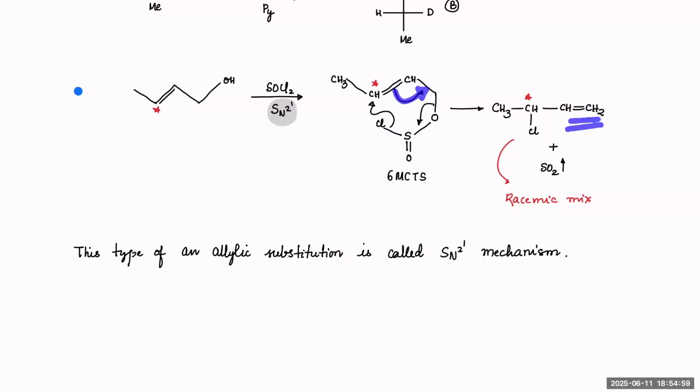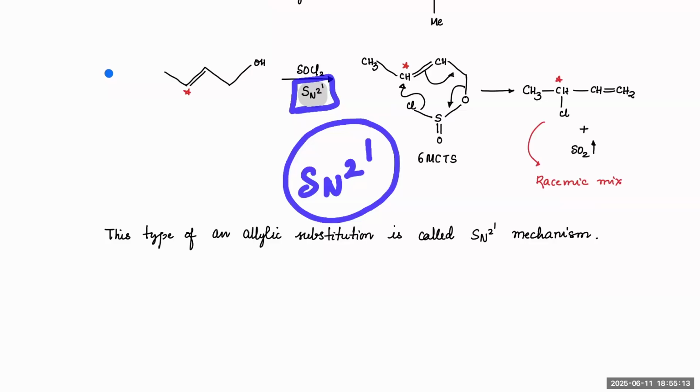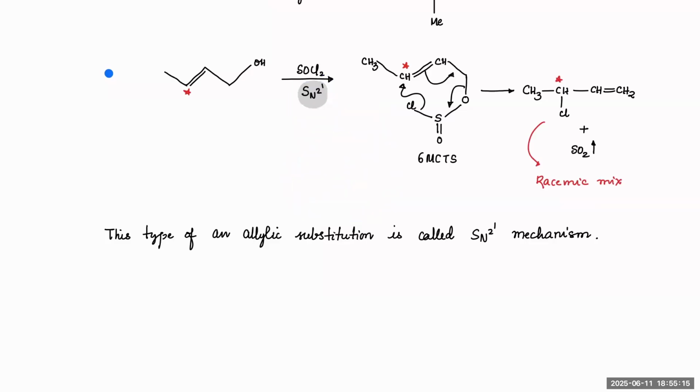Now, instead of attacking this position, if the attack is on the other carbon position, then that mechanism is called SN2 prime. Got it? If the leaving group is going and the nucleophile attacks on the same position, it is called SN2. But if it is attacking on the allylic position, it is called SN2 prime.